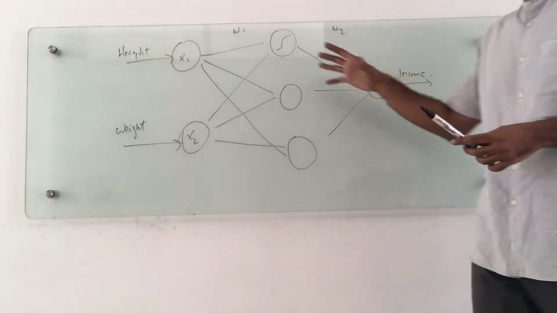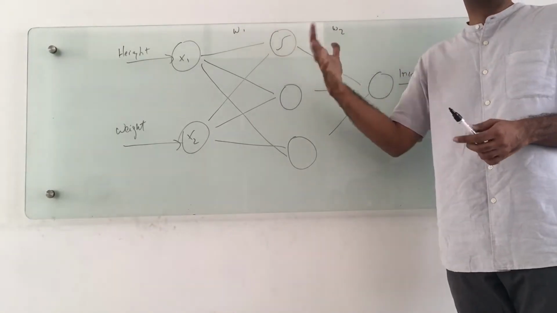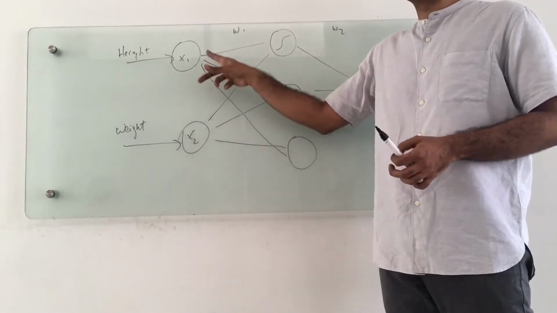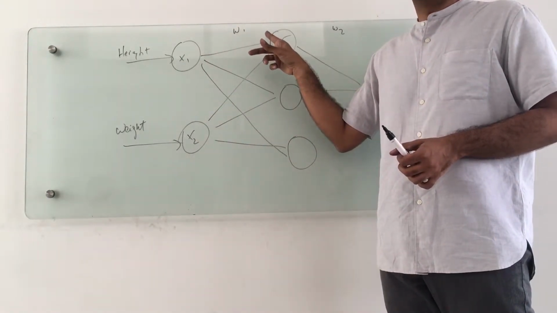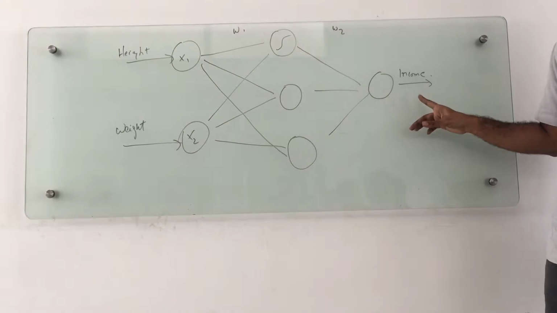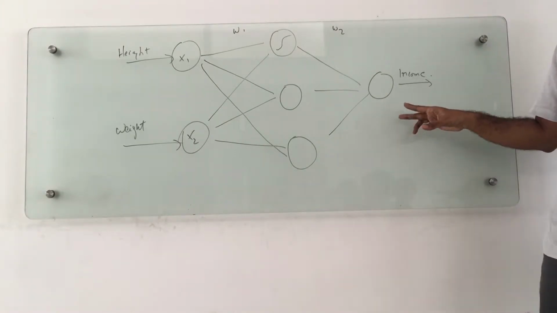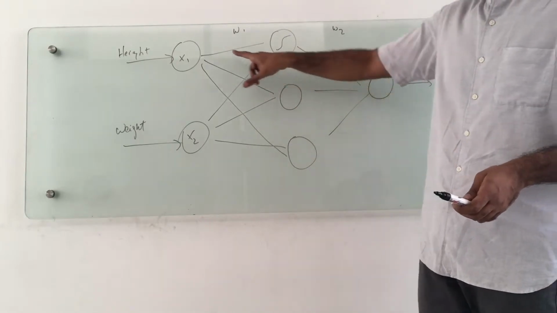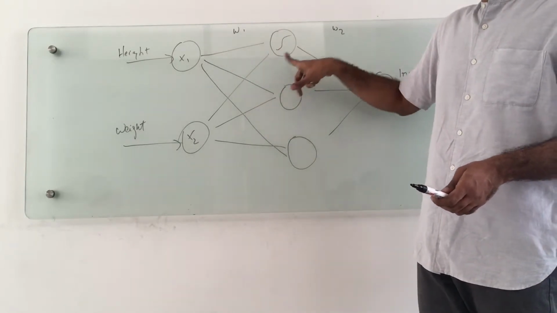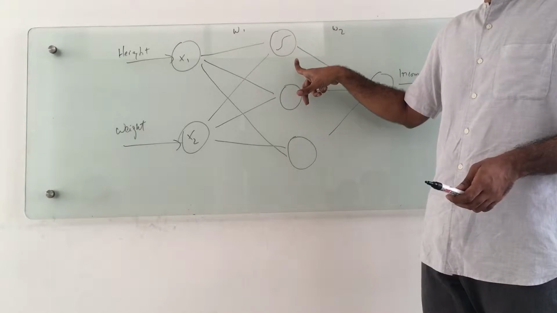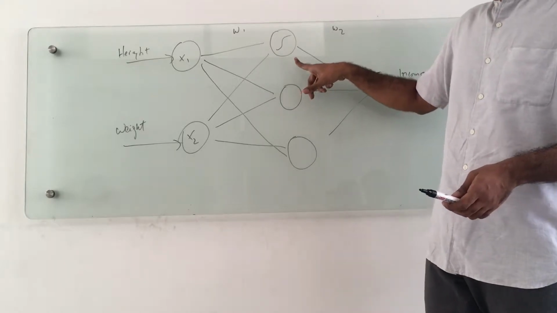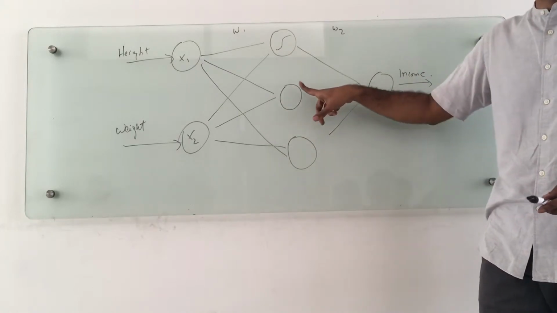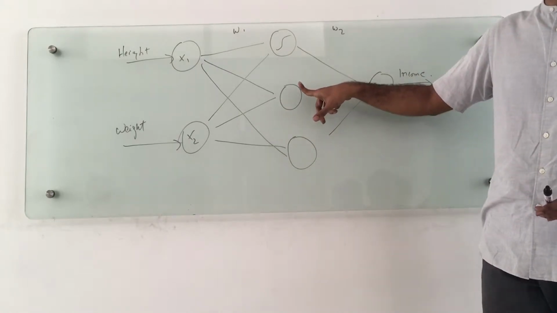So what this whole thing is trying to achieve is to combine height and weight in some way so that it can learn the right income. What this might end up meaning is 2 times height plus 3 times weight. That combined with what this outputs, half of weight plus 3/4 of height.